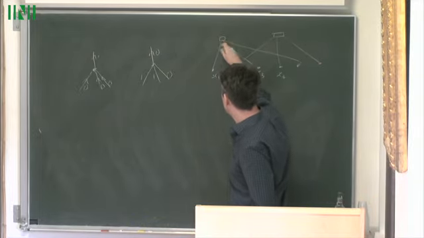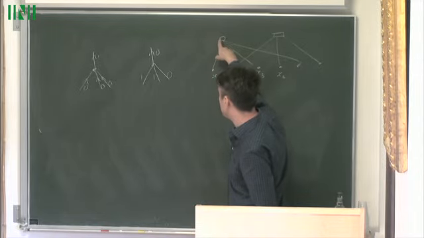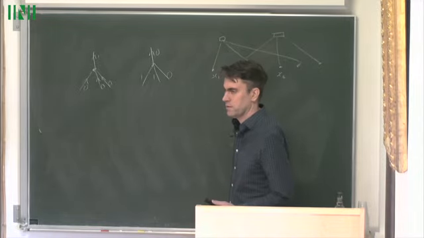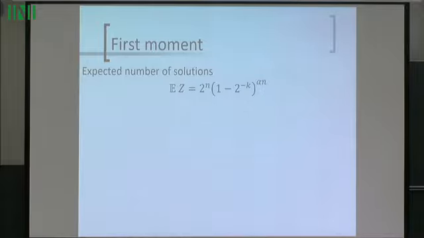So these are the clauses, these are the variables, and we just connect a variable to a clause if the variable appears in the clause. So we get a random bipartite graph. Okay. So when I talk about the graph, that's the graph I have in mind.